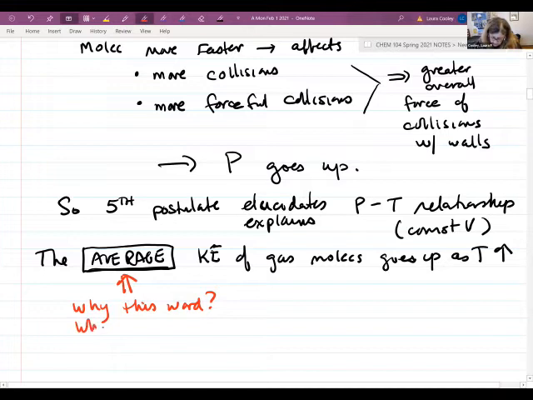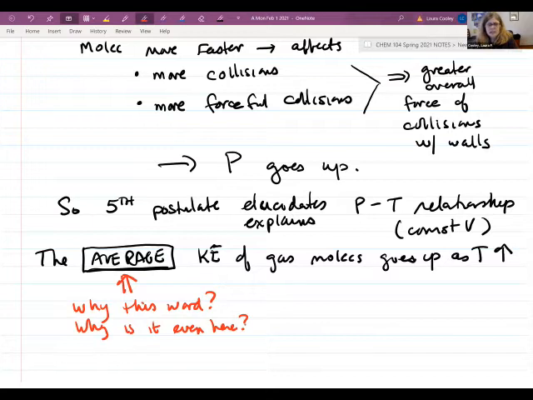Why is it even here? I guess I could say, well, what does this tell you, sort of imply? What does this imply about the motion of gas molecules, about the speed of gas molecules? And somebody wrote, yes, every molecule has its own speed. That's right. Well, not necessarily everyone has its own speed.